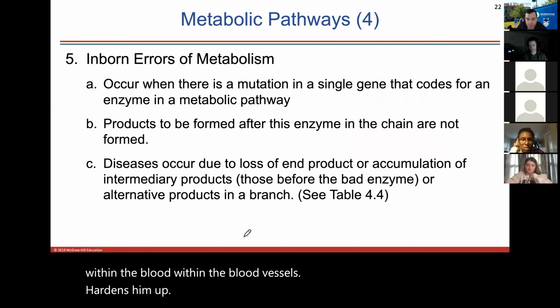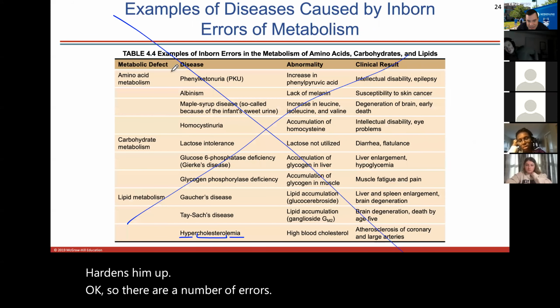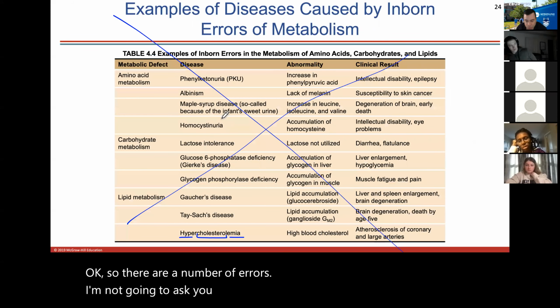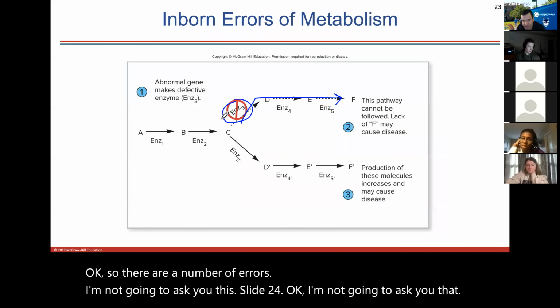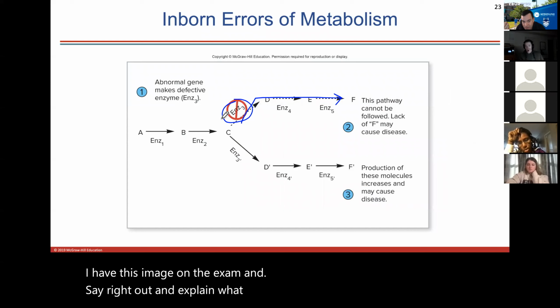Okay, so there are a number of errors. I'm not going to ask you this, slide 24. Will I have this image on the exam and say, write out and explain what's happening?